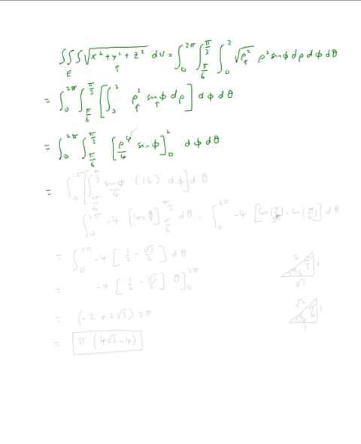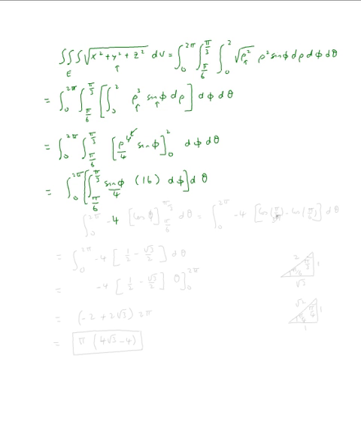Now I'm gonna take sine phi over 4 outside, and then I plug in the 2 there. 2 to the 4th is 16 minus 0. Now I'm gonna do the inside one. Again, 16 over 4 is 4.